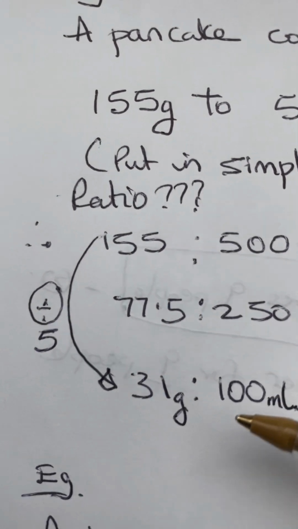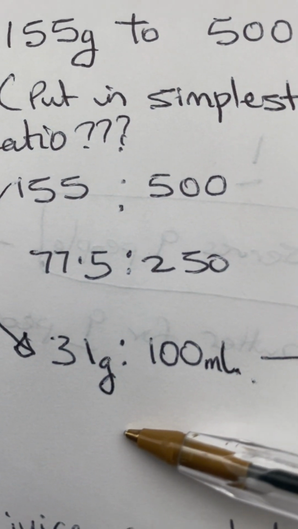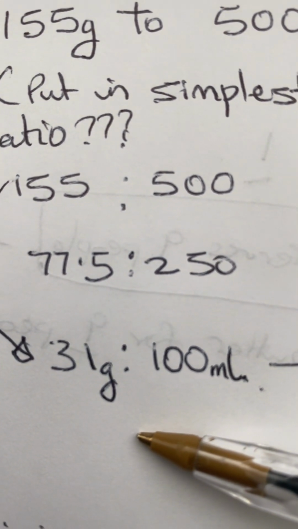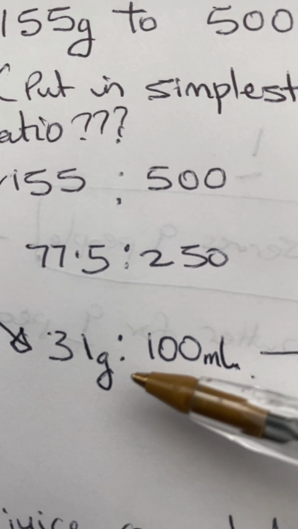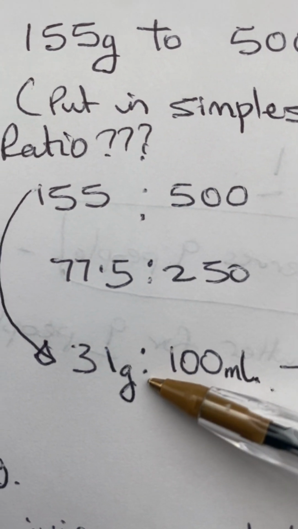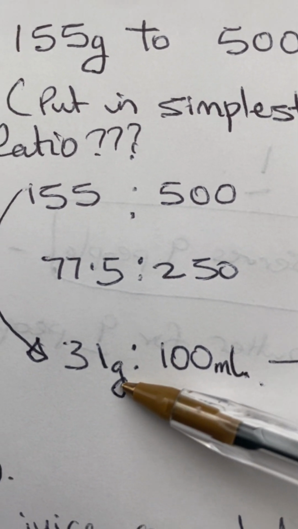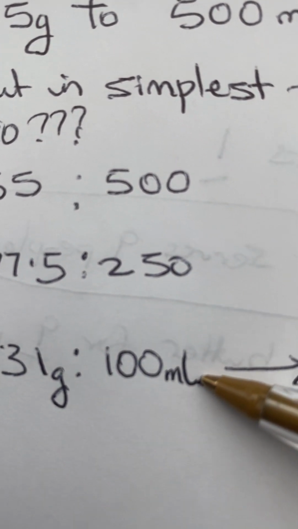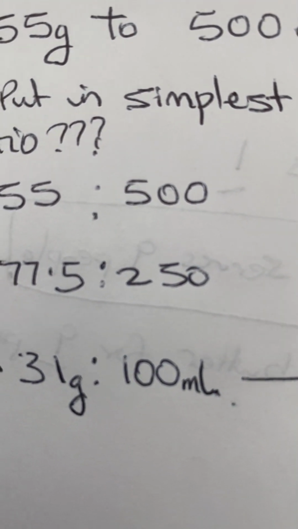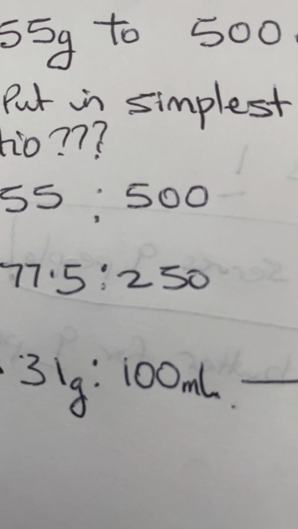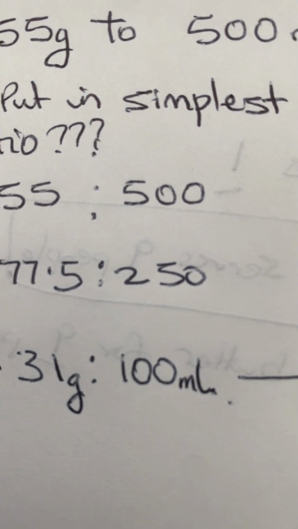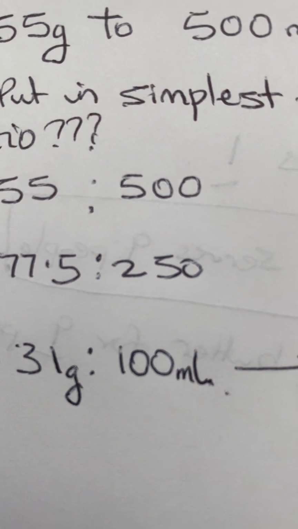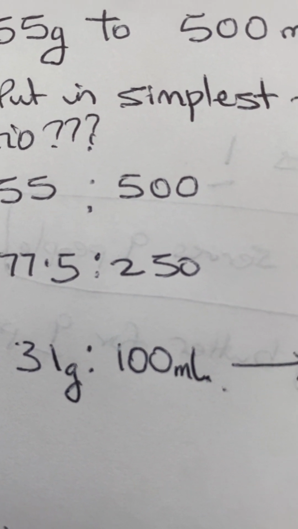But assuming you are on your own and you don't need that much food for breakfast anyway, you can divide it into 5 portions. So 31 grams, and then you add 100 mils of water. And then you can store it and use it for 4 other times. I hope I'm making sense.